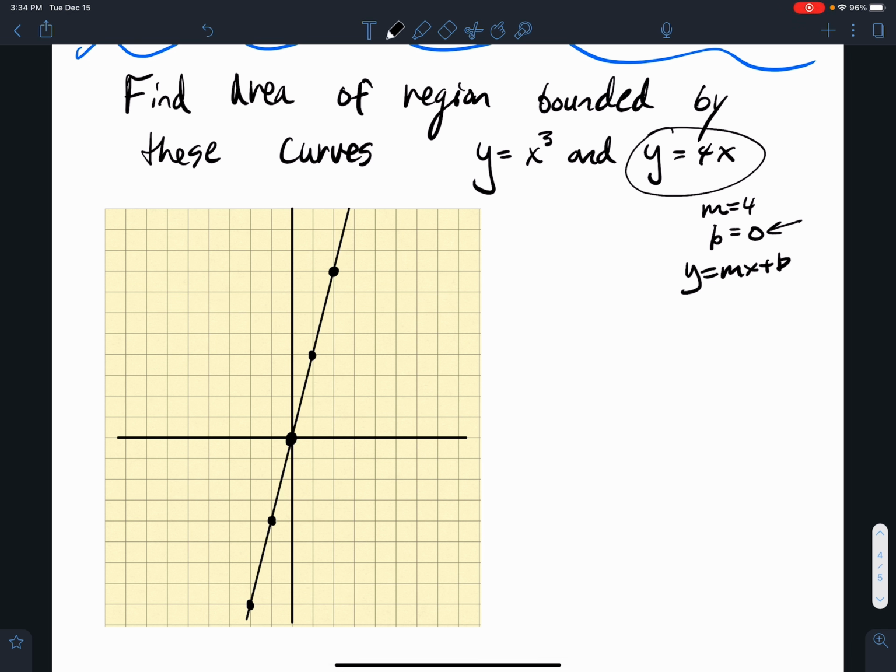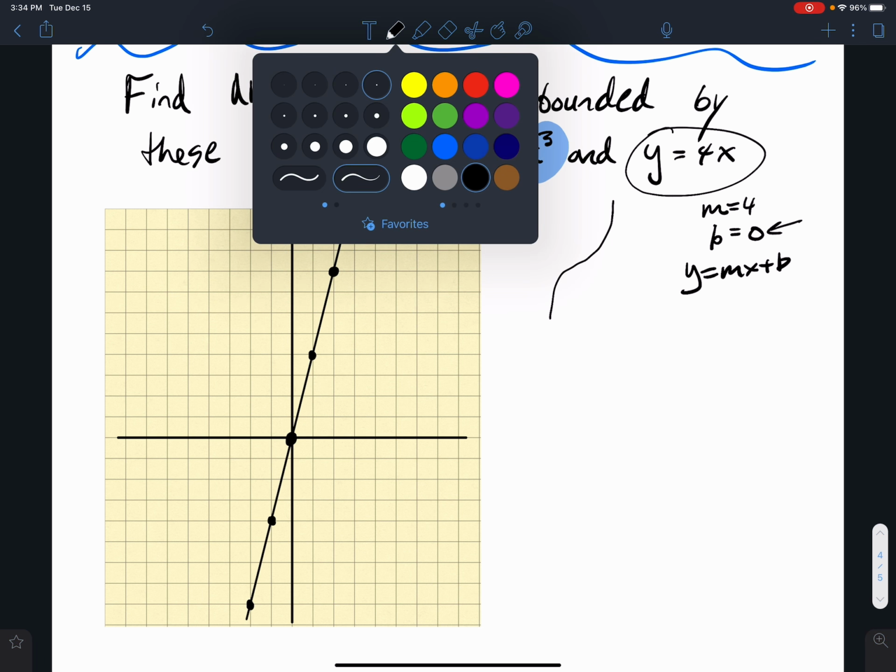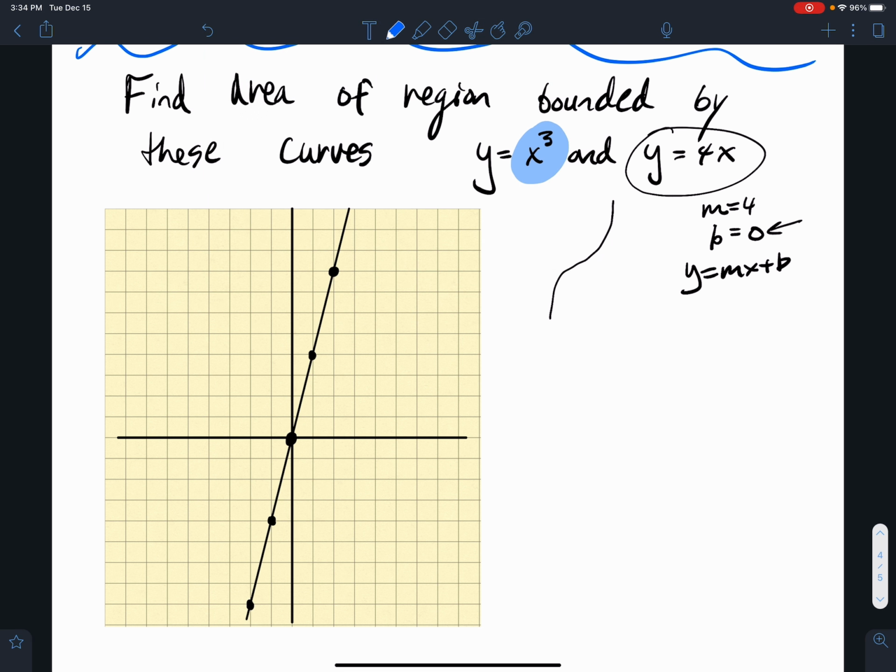Now, x cubed. X cubed kind of looks like a little squiggly like this, but it's centered at the origin, just like 4x. So with x cubed, actually at 1, it's 1, right?